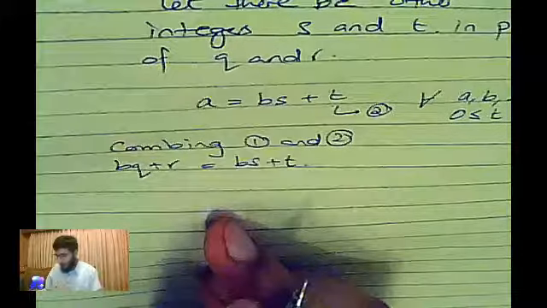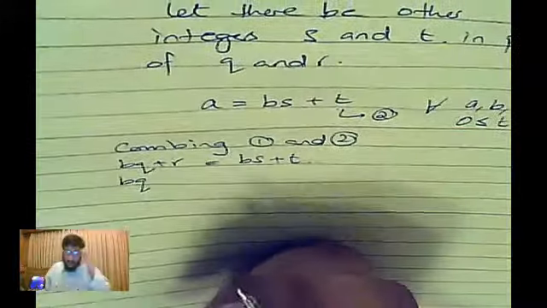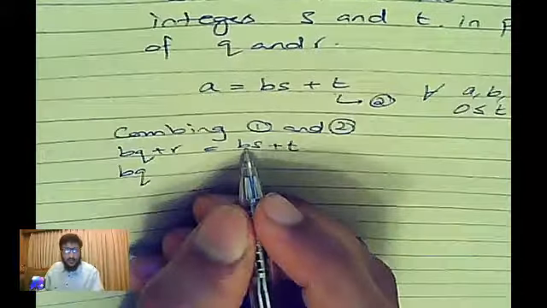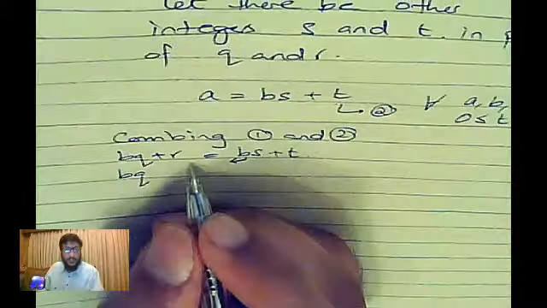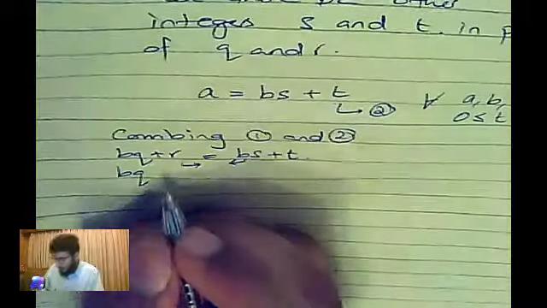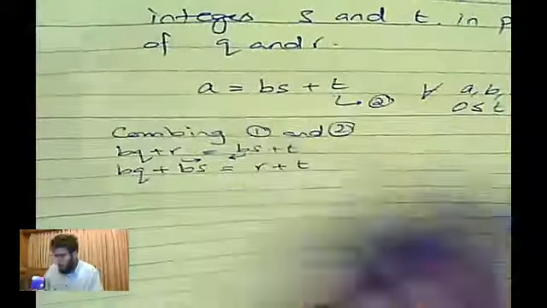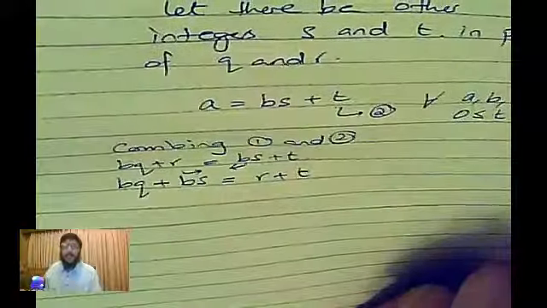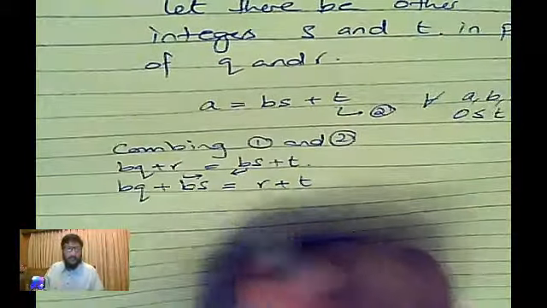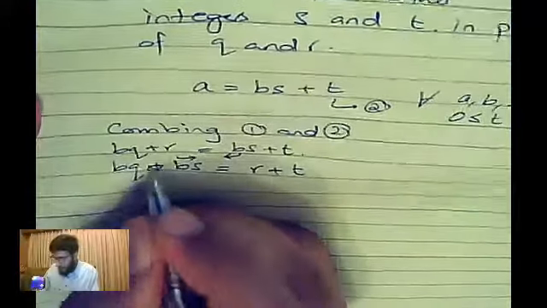Now, to prove this, I am going to involve some algebra. Shift BS to the left side and R to the right side. BQ plus BS should be equal to R plus T. Oh, sorry, the signs will change.